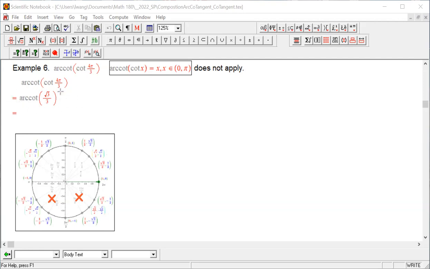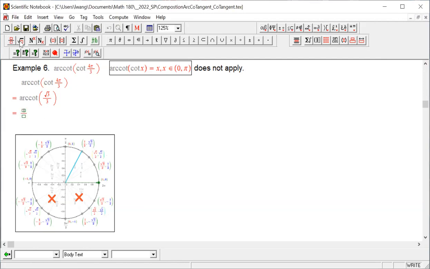In particular, the ratio is positive, so we know the terminal is going to be in the first quadrant. So which one of these ratios gave us √3 over 3 here? Half divided by √3 over 2 is √3 over 3. And so here we go. The answer is going to be pi over 3.